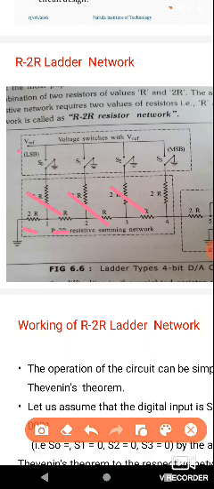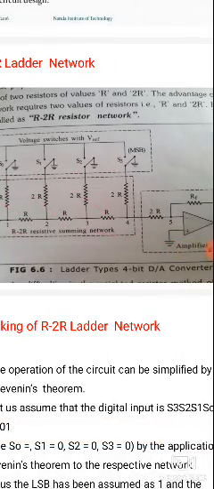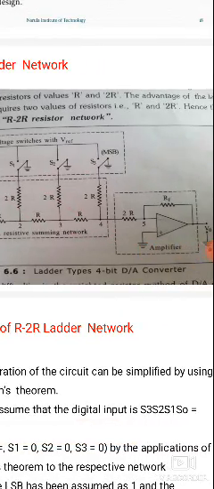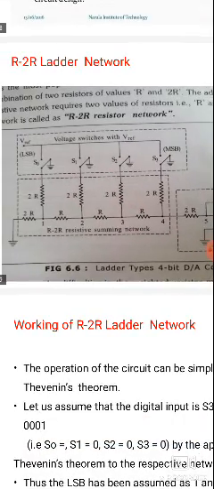Here V reference is the reference voltage, and the switches are connected with the reference voltage. Next, S0, S1, S2, S3 are the four switches. S0 is the least significant bit and S3 is the most significant bit. The R-2R combination is called the resistive summing network.